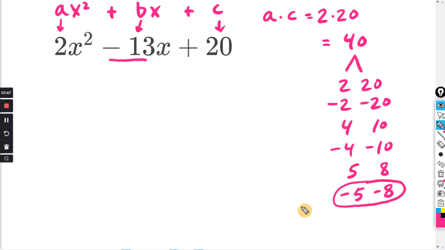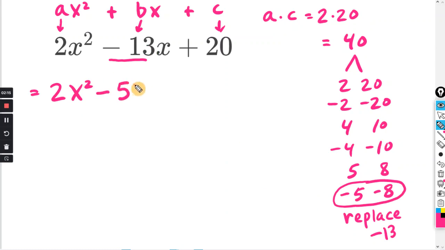So we're going to use these two numbers to replace negative 13. Okay, so basically we're replacing the b term. So this is going to equal 2x squared, and instead of negative 13x, I'm going to use negative 5x and negative 8x. And then we finish with a positive 20.